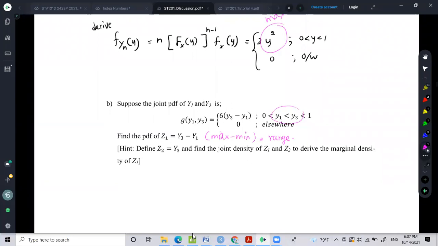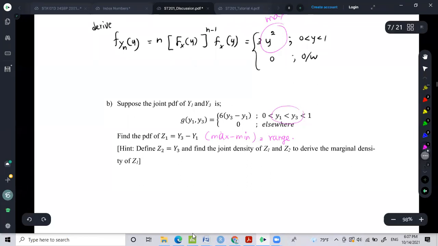When you have Y1 and Y3 and your new random variables are Z1 and Z2, you can write Y1 and Y3 in terms of Z1 and Z2, and then get the Jacobian, and easily find the joint density of Z1 and Z2. But the question asks for Z1 only, so you can integrate out Z2 and easily find the PDF of Z1.